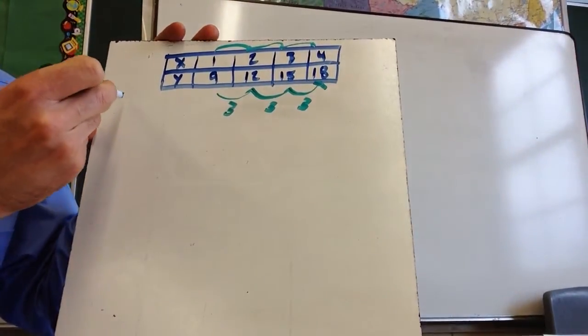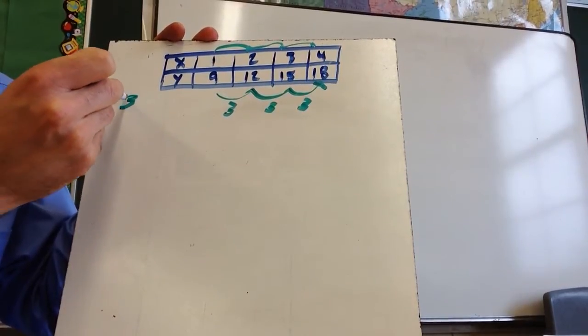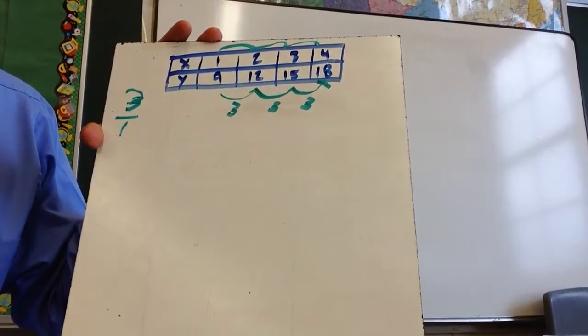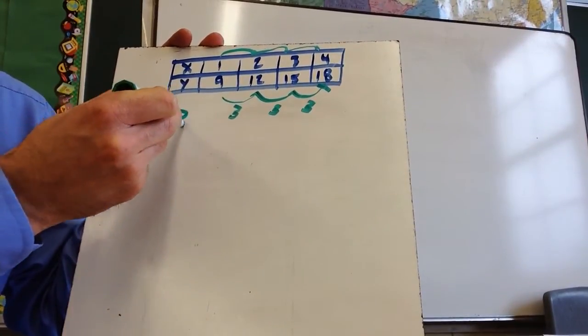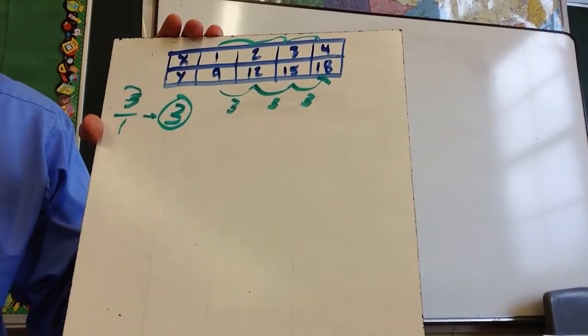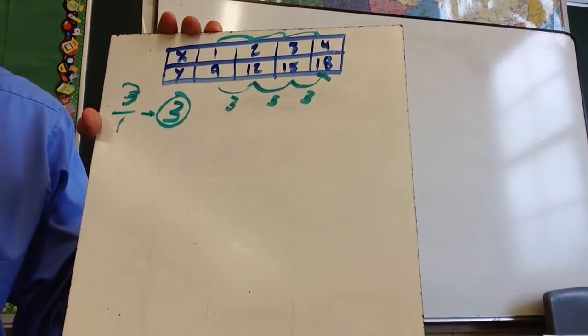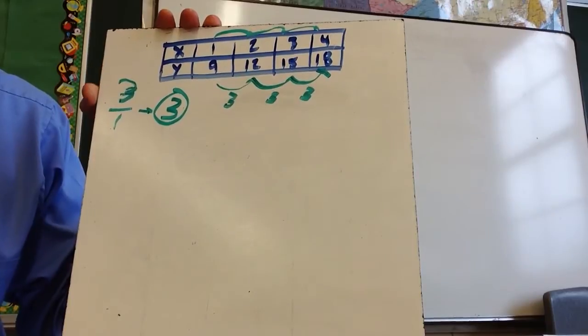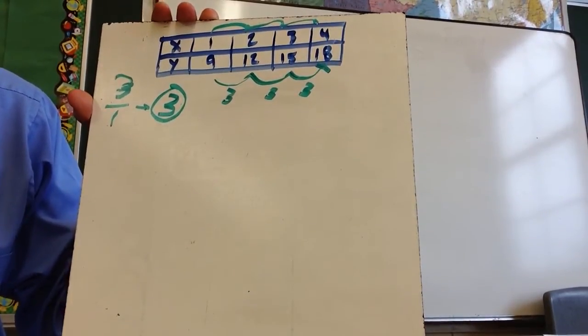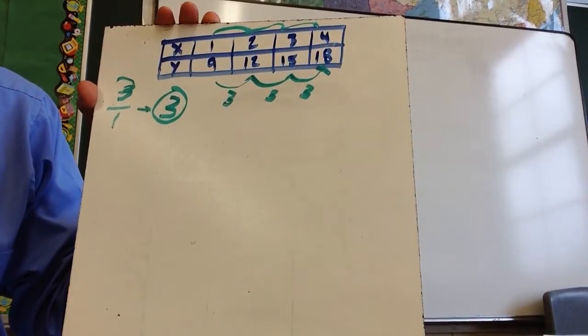So my change in y is 3, and my change in x is 1. So basically my slope here, or my constant rate of change, is 3. That wasn't one of the things you have to have in order for it to be a proportional relationship. So thinking back, and I'm going to put the slide up in a second, one of the things is it has to pass through 0, 0.